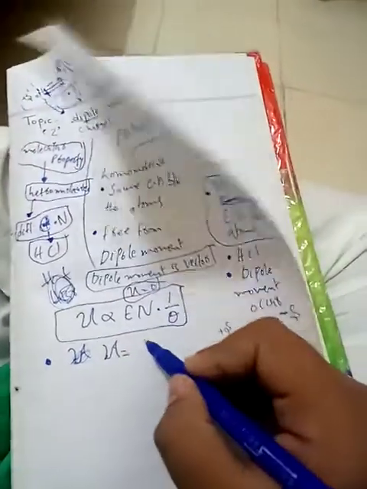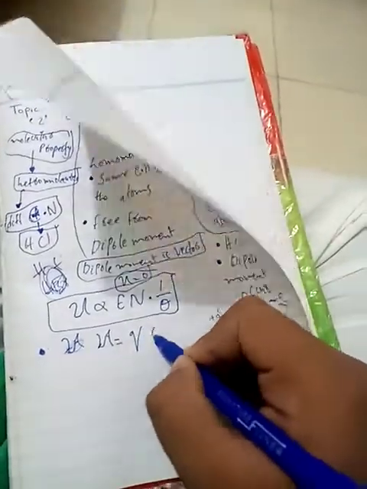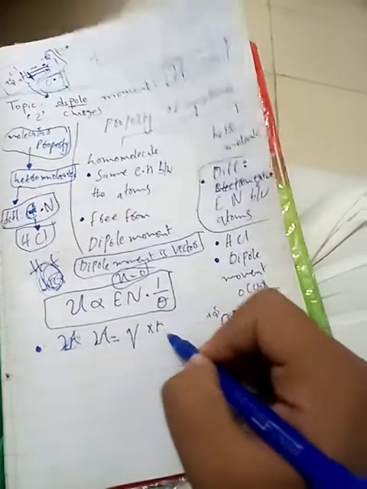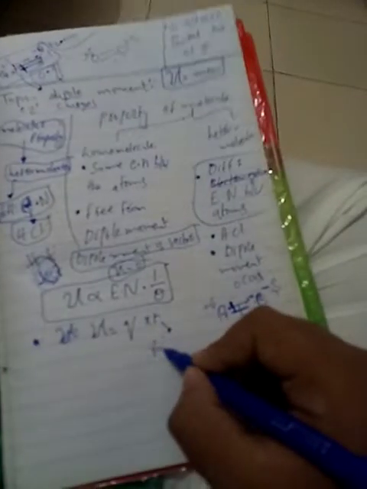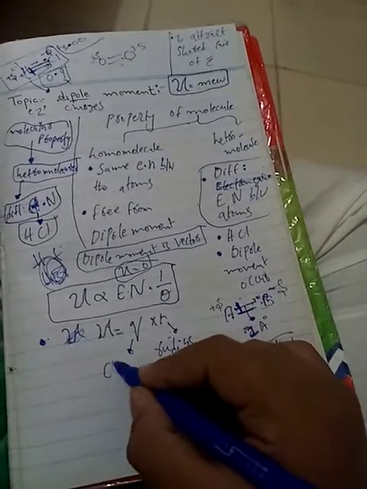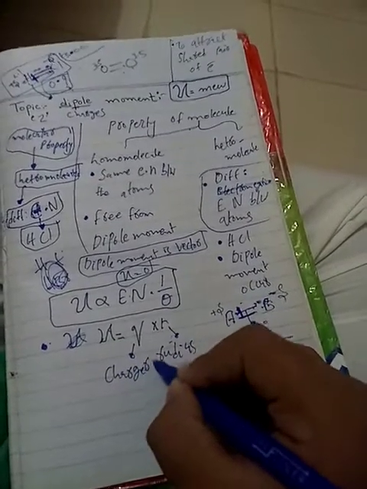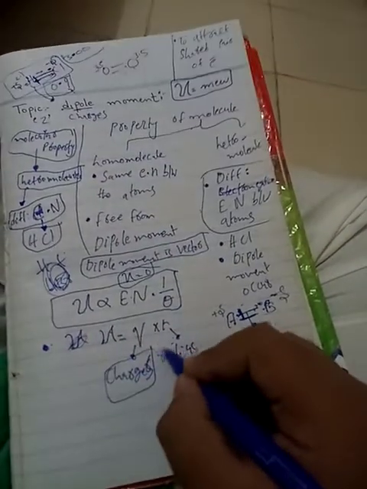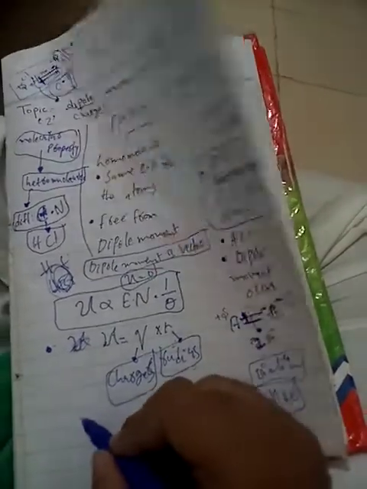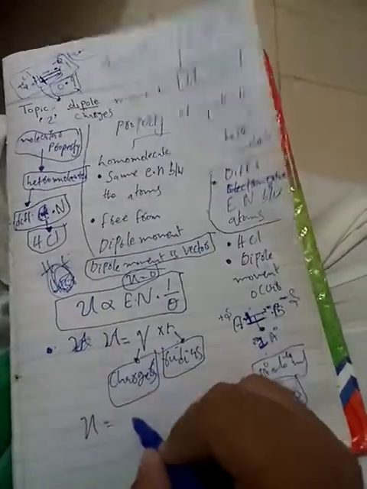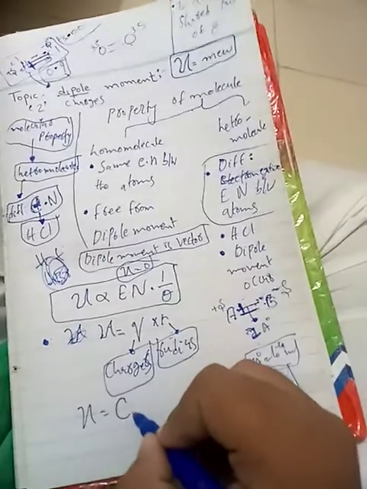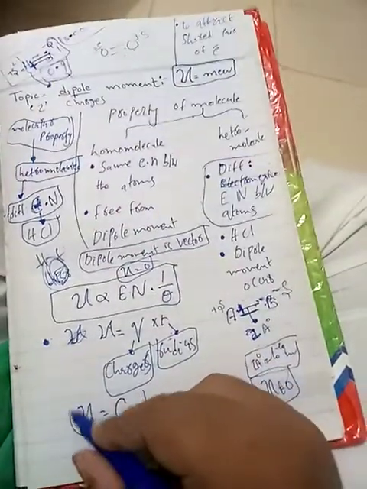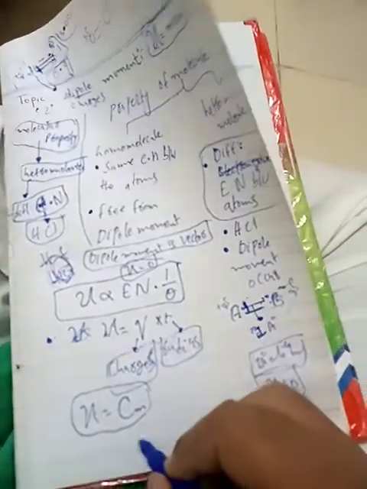So the simple formula for dipole moment is q multiplied by r, where q is charge and r is the distance. The unit for dipole moment is coulomb centimeter. Okay, and there is one more unit called Debye.